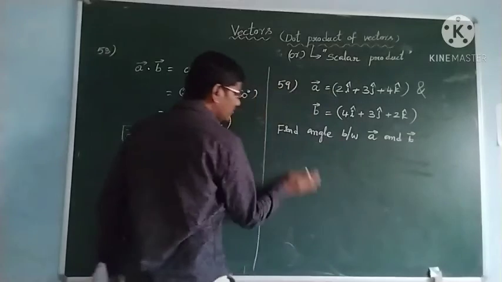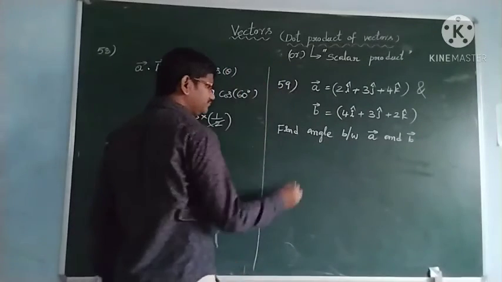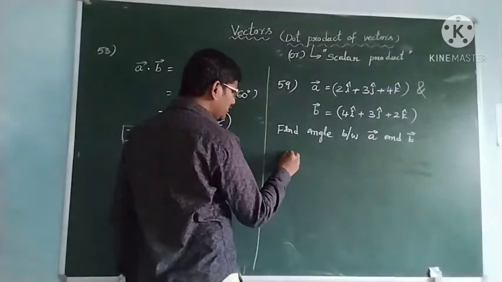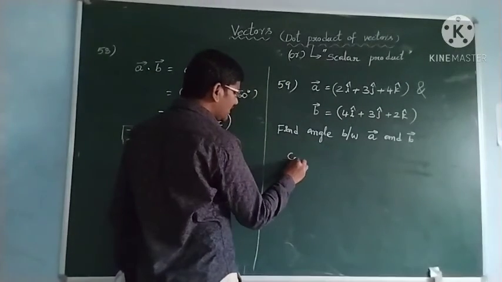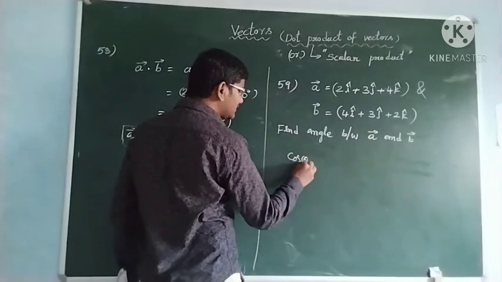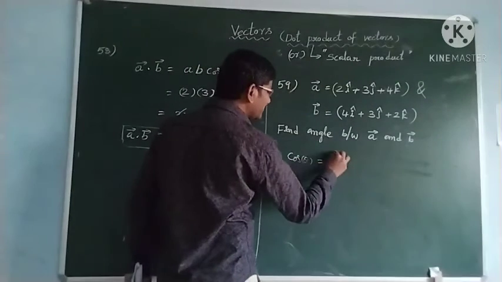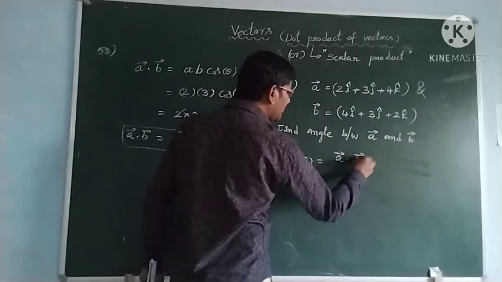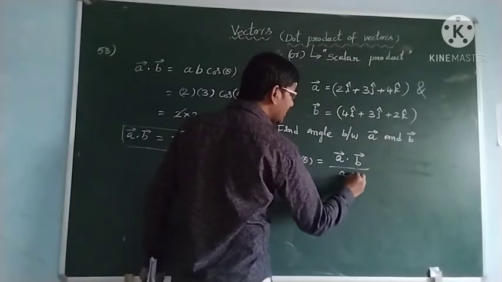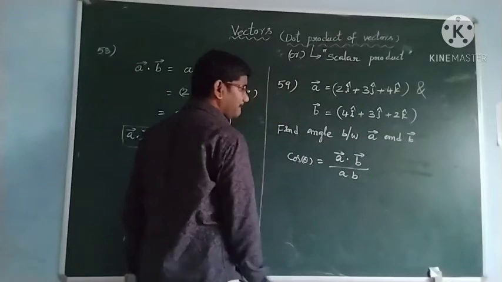So what will you write, students? We know the formula: cos theta is equal to a bar dot b bar by the magnitude of the first vector into the magnitude of the second vector.